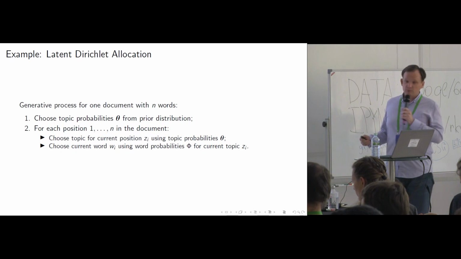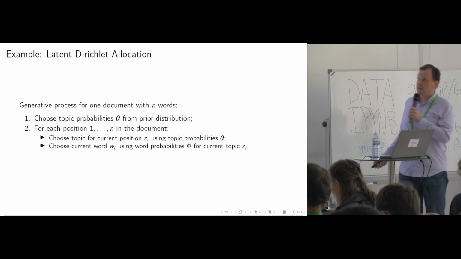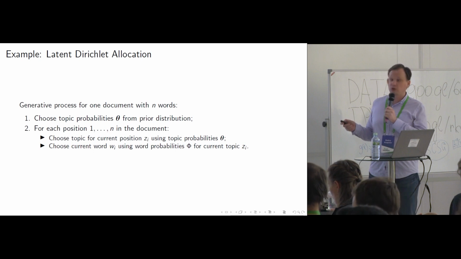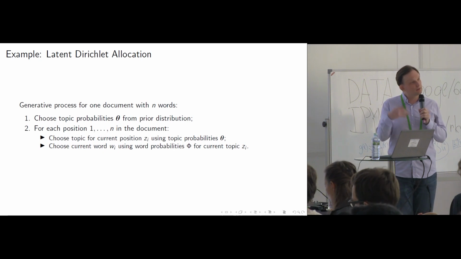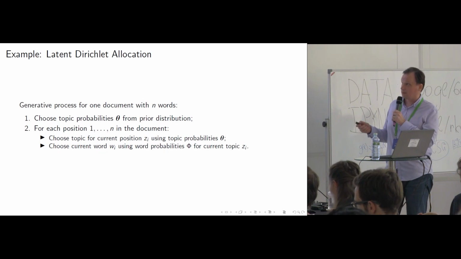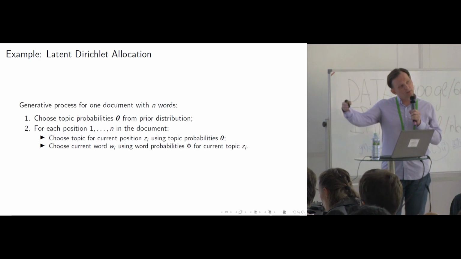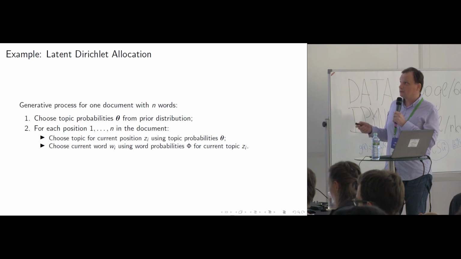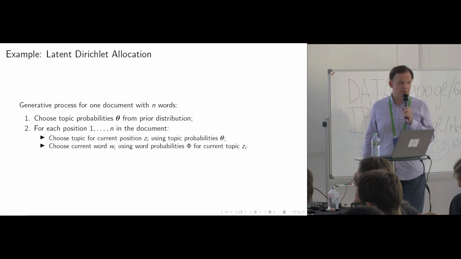Using this assumption, the generative process for one document is the following. First, we choose the topic probabilities for one particular document, the probabilities that each topic is within this document. This is theta, drawn from some prior distribution. Then for each position in the document, we first generate a topic assignment z, a discrete variable, using theta.